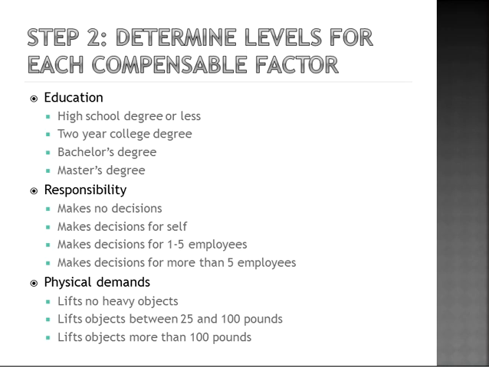Okay, then we have responsibility: makes no decisions, makes decisions for self, makes decisions for 1 to 5 employees, makes decisions for more than 5 employees. Physical demands: lifts no heavy objects, lifts objects between 25 and 100 pounds, lifts objects more than 100 pounds. So these things, you'll have to put some weight behind them so you can establish points.